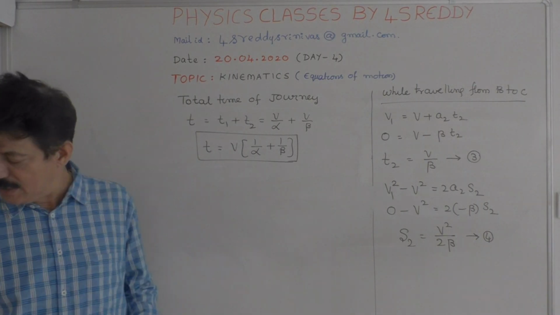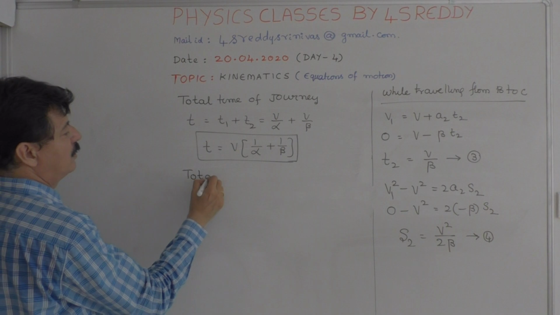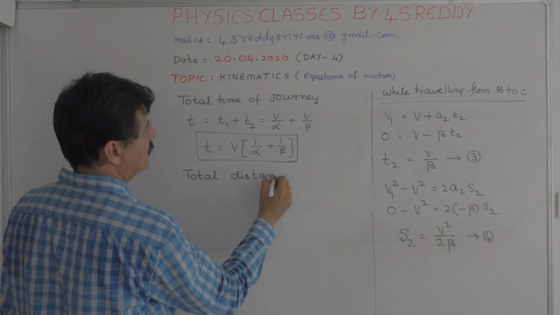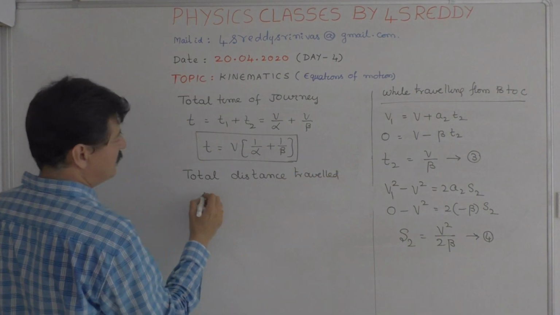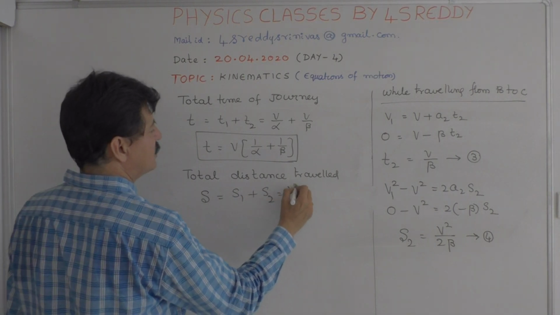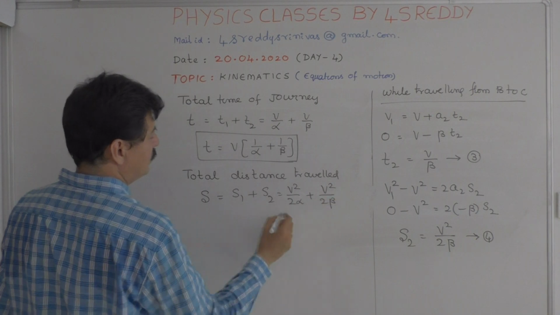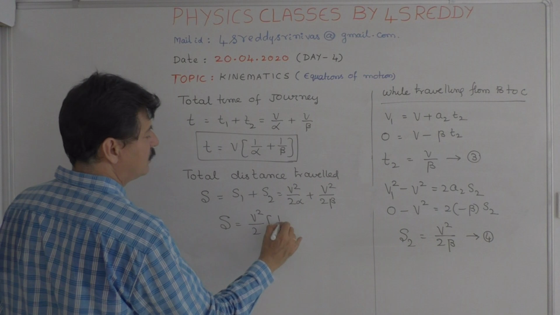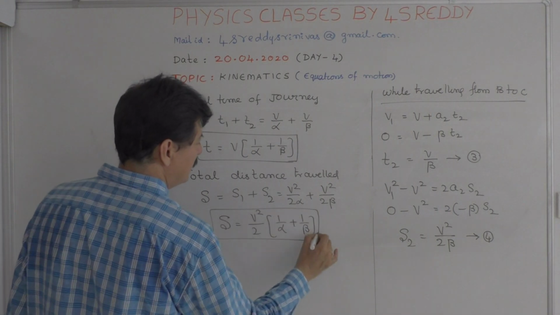And thereafter we have total distance traveled. Total distance traveled is given by S = s1 + s2. That is V² by 2 alpha + V² by 2 beta. Therefore, S = V² by 2 into (1 by alpha + 1 by beta).